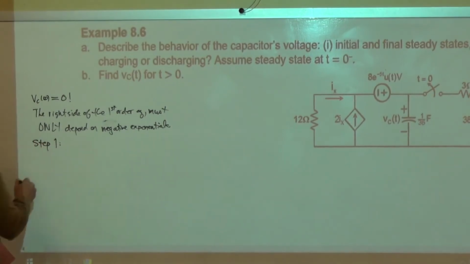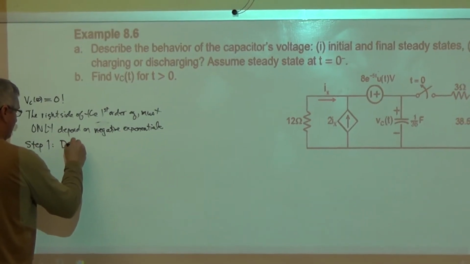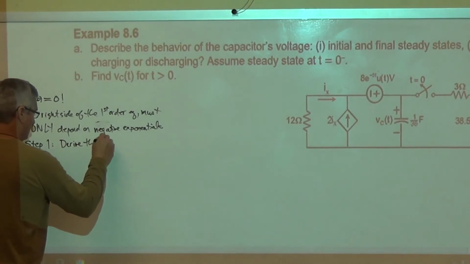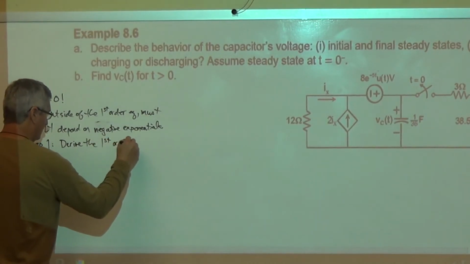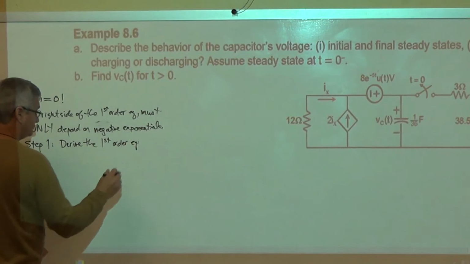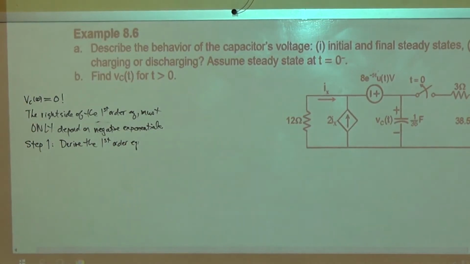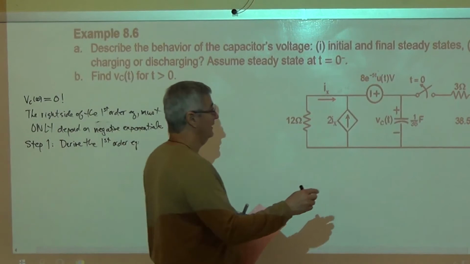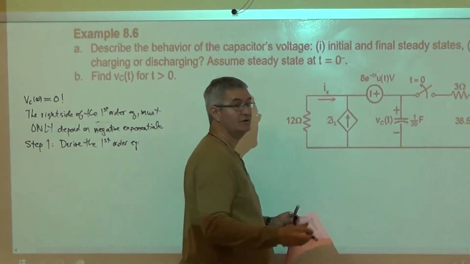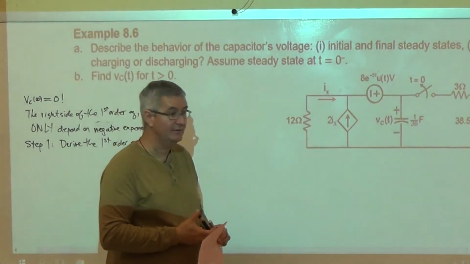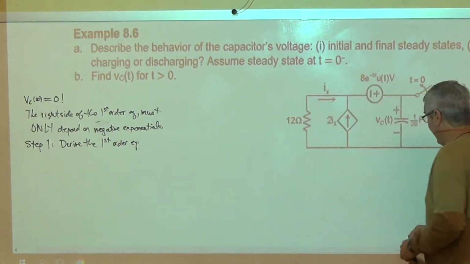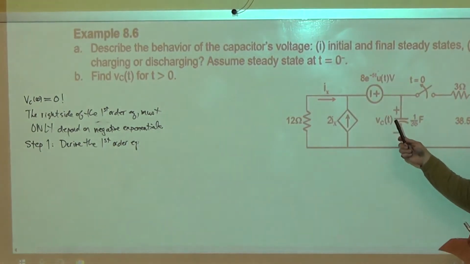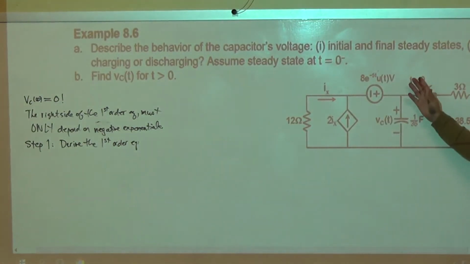So what we want to do here is derive the first order equation. As I said before, our goal is to write an equation where I try to connect that voltage to the current. And what you're seeing here is that the voltage source here, this is gone.